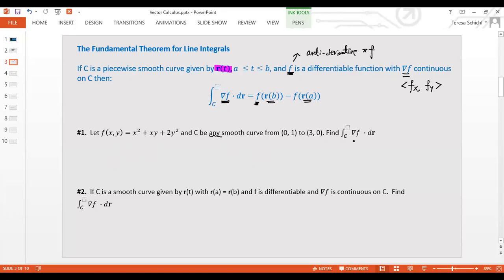I want to find the integral over C of del F. Because I know F(x,y) is like the antiderivative of this del F, by the fundamental theorem of line integrals, when you integrate del F it will be F. So it will be equal to F at the endpoint, (3,0), minus F at (0,1).